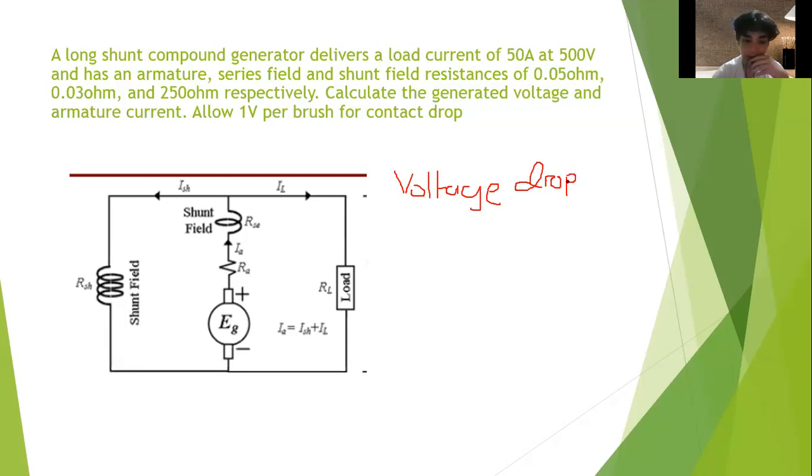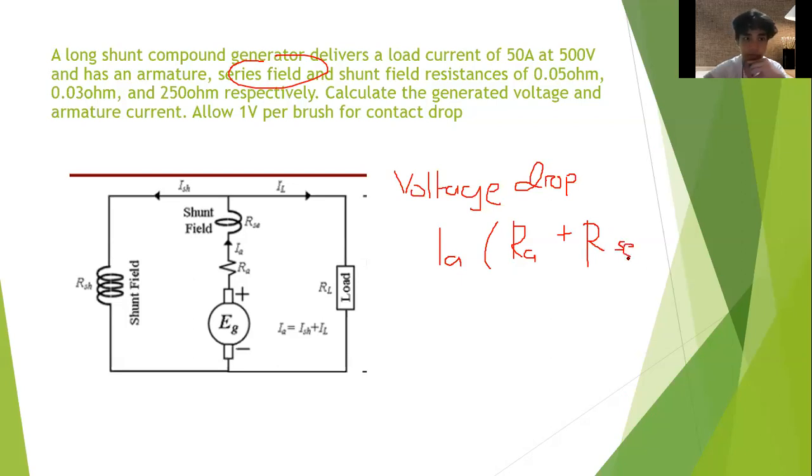For the voltage drop, we will use the previously obtained IA, the armature current, and multiply it by 0.05, the armature resistance, added to 0.03, the series field resistance.